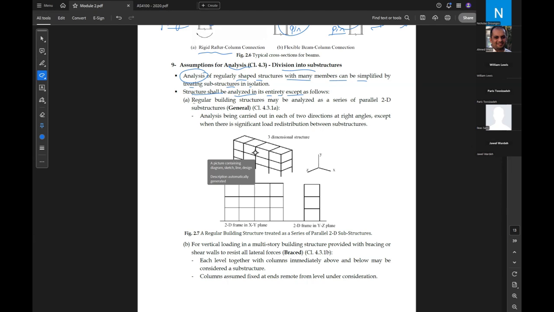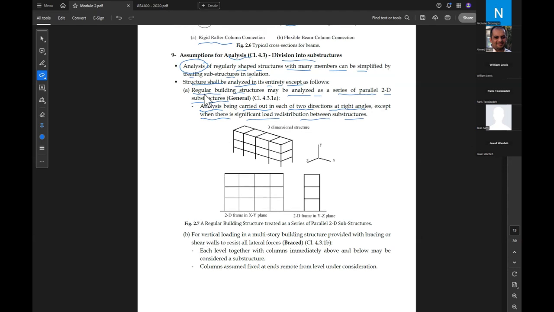If we have a regular building structure, it may be analyzed as a series of parallel 2D substructures. Generally, analysis is carried out in each of two directions at right angles, except when there is significant load redistribution between substructures.